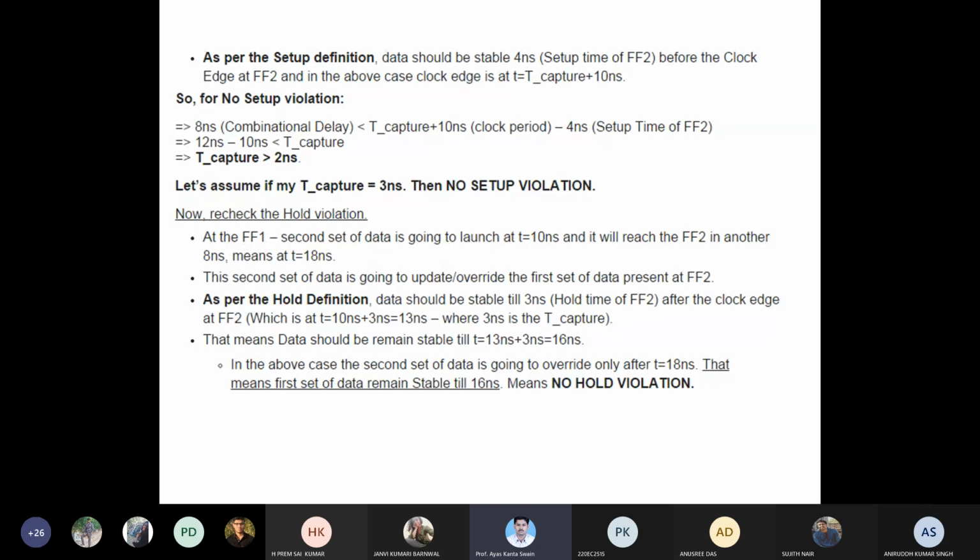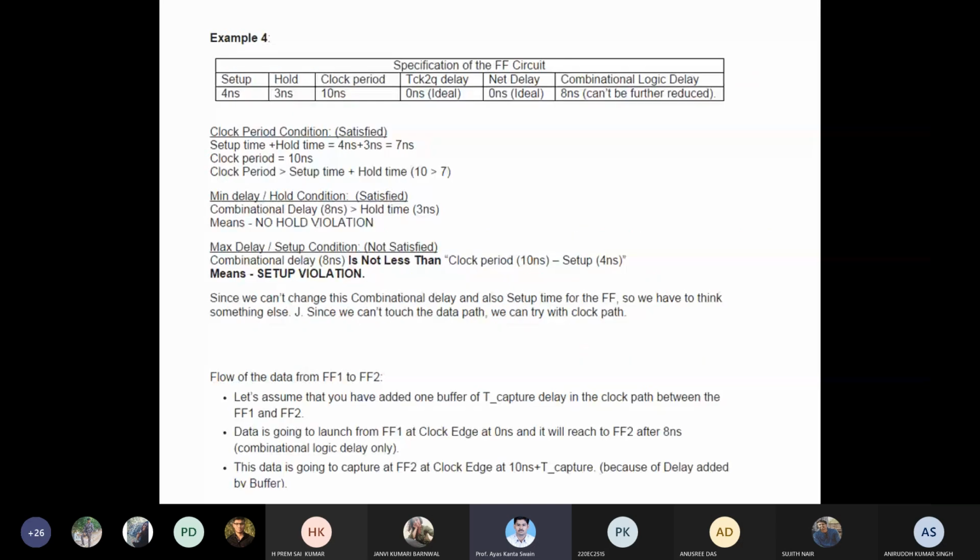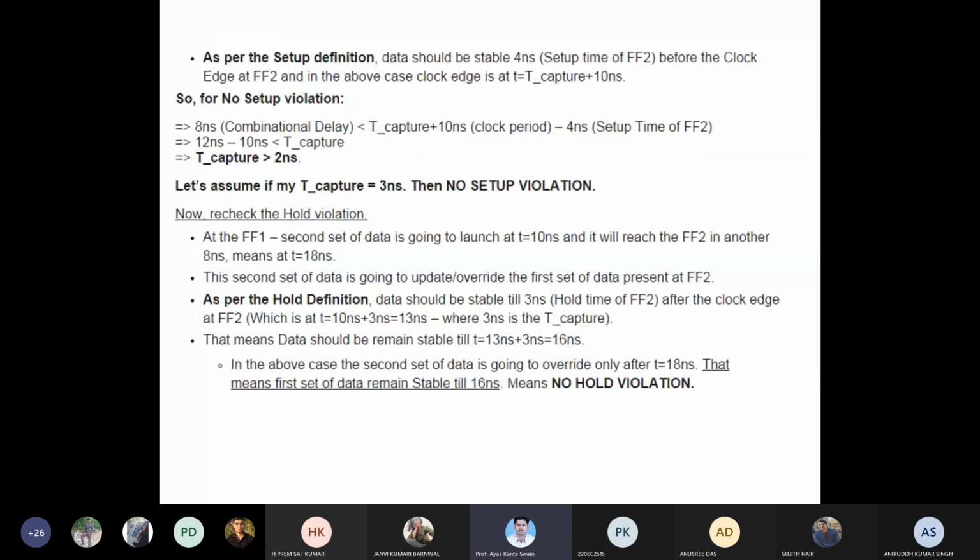So as for the hold violation, data should be stable till 3 nanosecond of the hold period after the clock edge of FF2. So that is 10 nanosecond plus 3 nanosecond, where 3 nanosecond is T capture. So 13 nanosecond is now the clock edge time. Then data must remain stable for another hold time, which is 3 nanosecond. So now data must be stable up to 16 nanosecond.